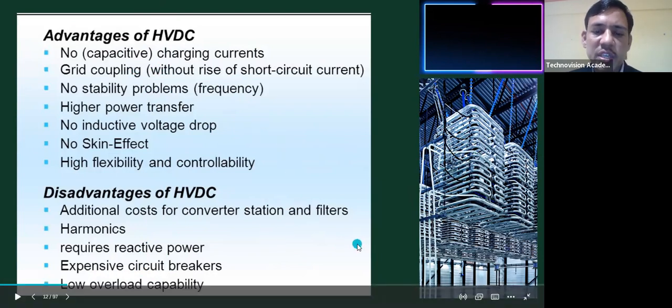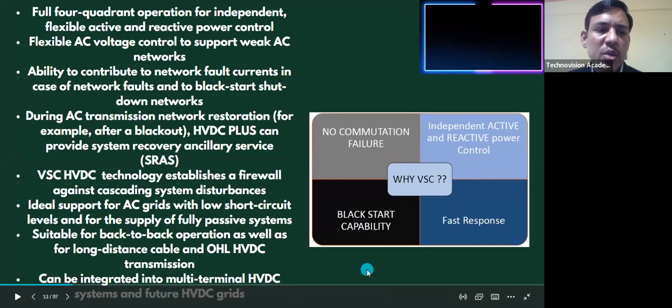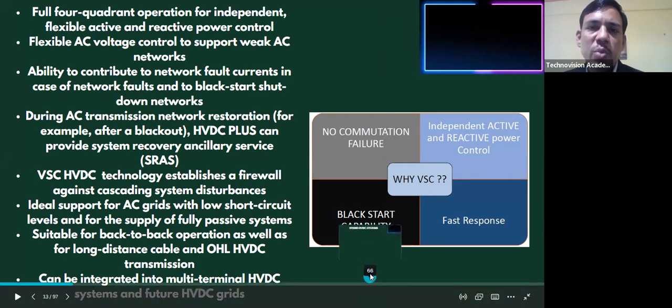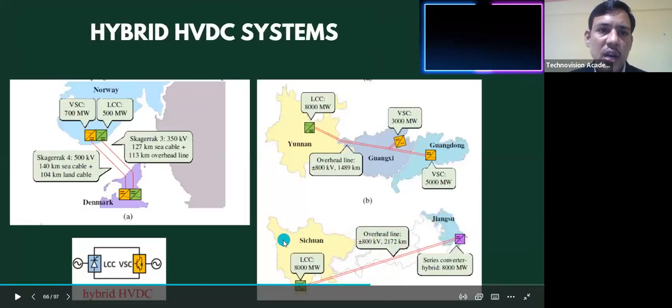You know these basic terminologies. So I will mostly talk about the VSC converters. By using the voltage source converter technology, we can form a DC grid, and it is now implemented also. So there are many more advantages.